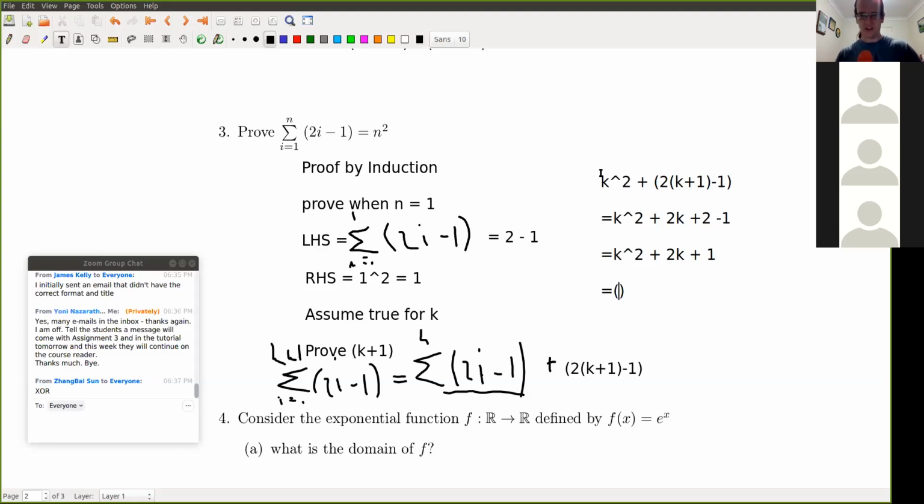Binomial thing again, which equals k plus 1 squared, if you expand that, which is the other bit.